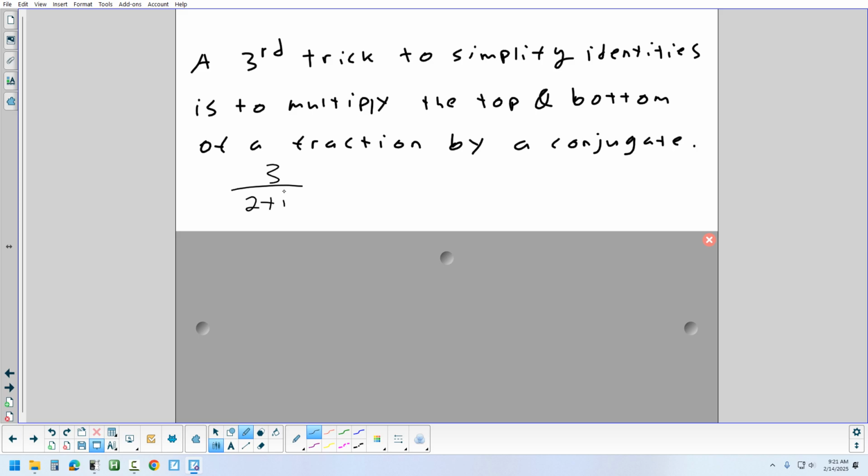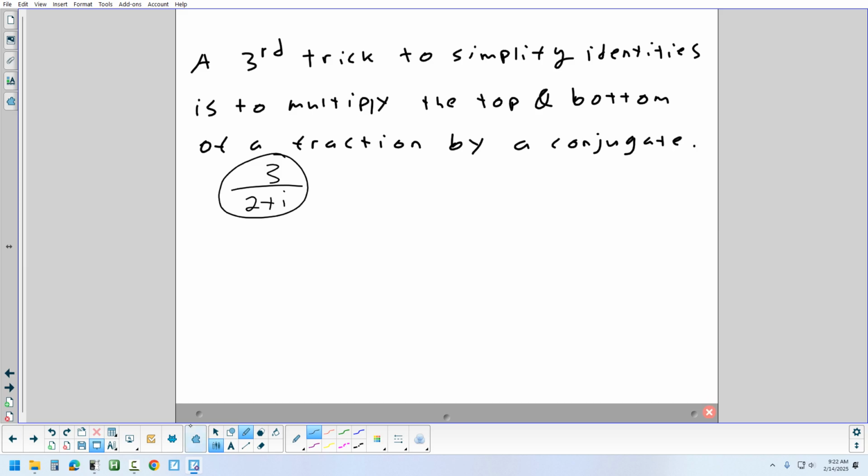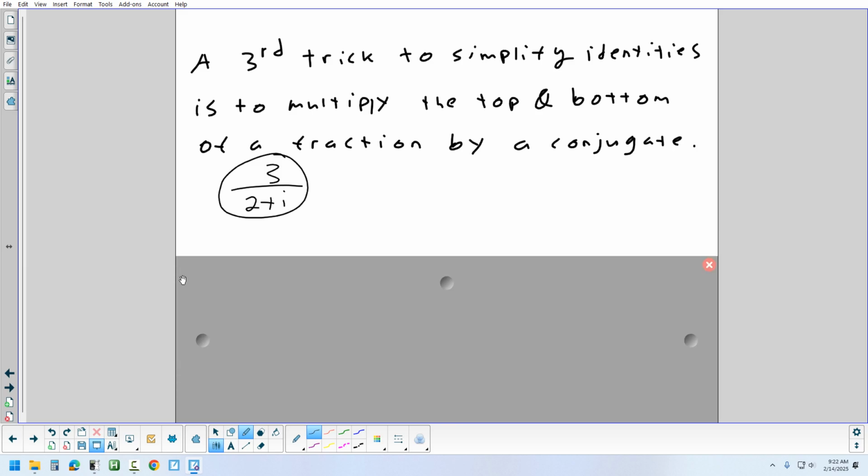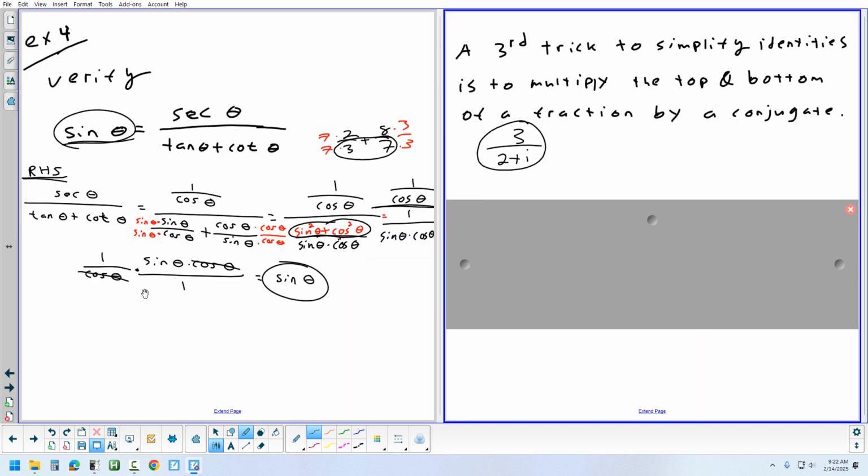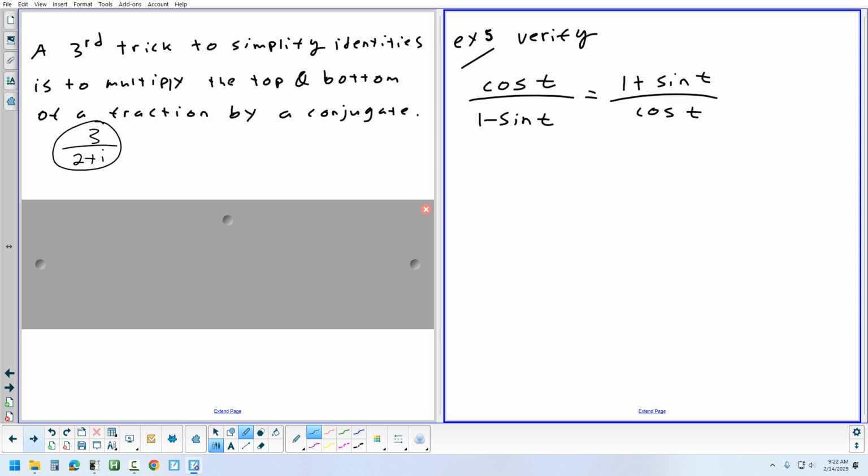You're going to know to use the conjugate when you have something kind of like that set up. Maybe like a single term and then something plus something in the bottom, or something plus something in the top and then a single term in the bottom. So basically something that looks kind of like that.